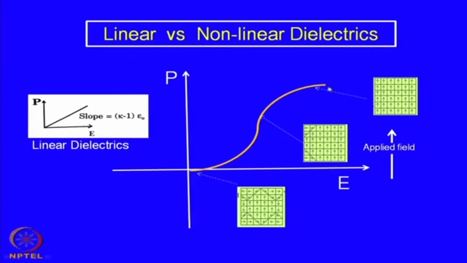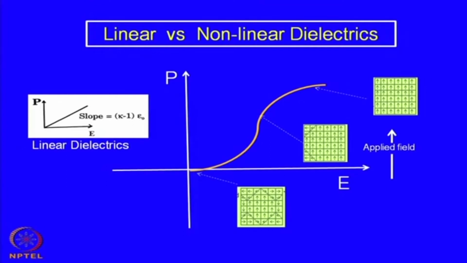And when you come to this level, as you can see all the dipoles are oriented in a particular direction, and that is along the direction of the applied field. So, this is where no more change can take place, and there is basically, one can say, a single domain system.